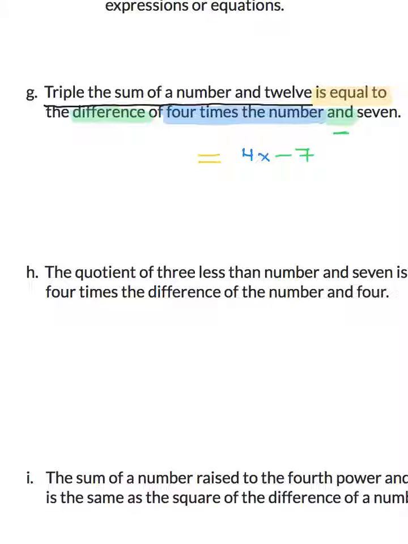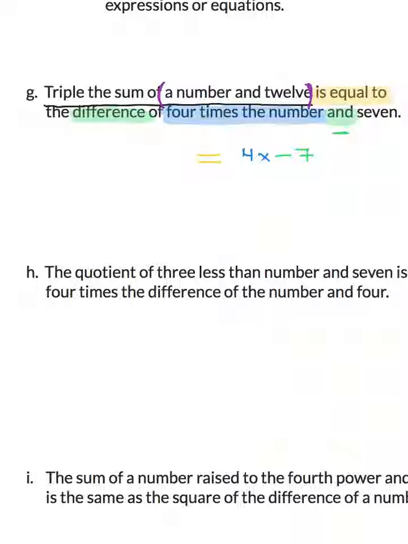Notice here that it says triple the sum. When it says something like triple the sum, it means I want to multiply by 3 after I add. So what we need to do is add in parentheses. This is going to be the sum of a number and 12.